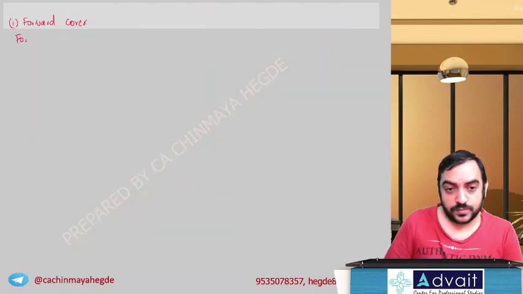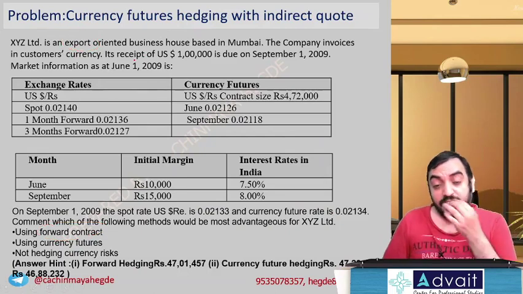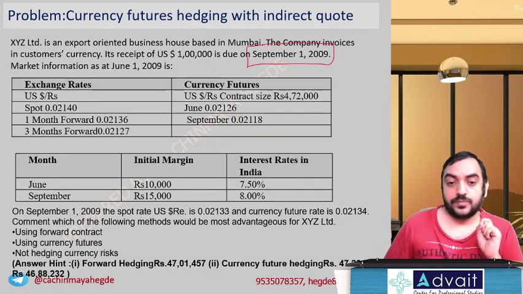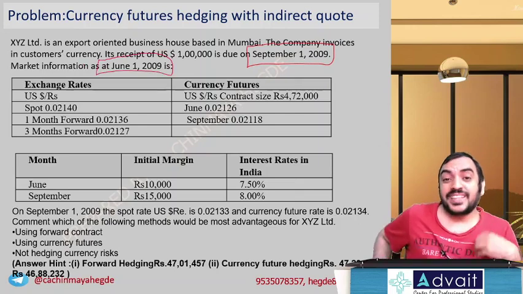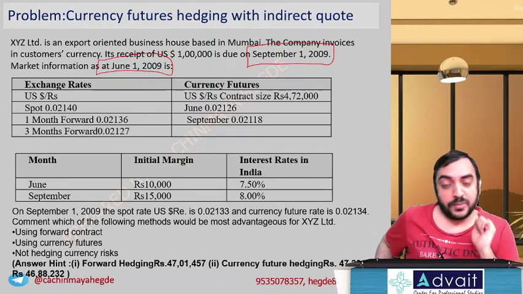So for an exporter, it would be the forward sell rate. Okay, now which forward should we take? Look at the data correctly. Due on September 1st and market information is given on June 1st. So today is June 1st and the due date is September 1st.